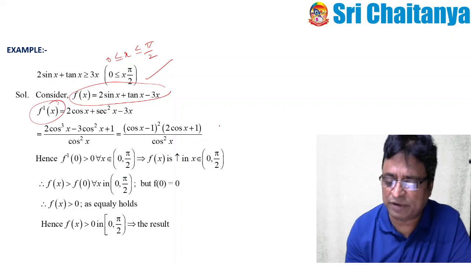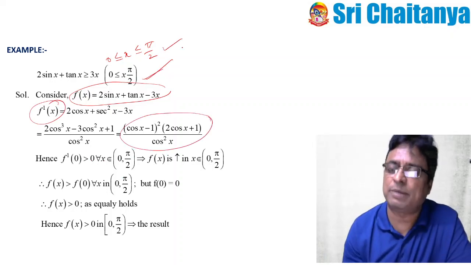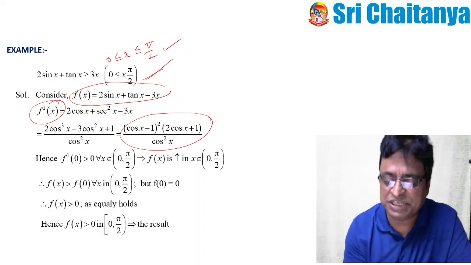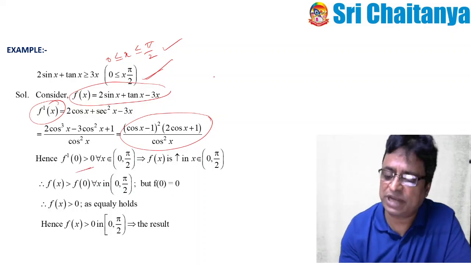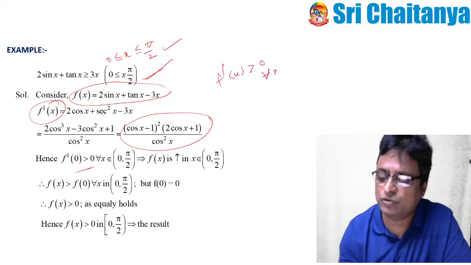After the derivative I get this value, and in this open interval (0, pi/2), that is for all values in the first quadrant, I observe the sign of f'(x). If it is greater than 0, simply I can say that your function is increasing. So what happens here? f'(x) greater than 0 for every x in the open interval (0, pi/2). It indicates what?